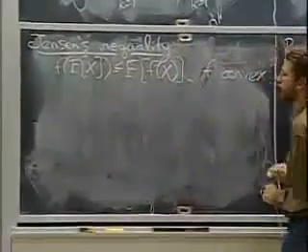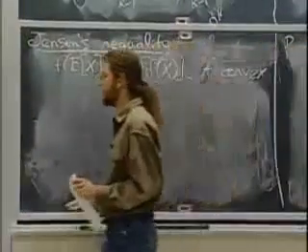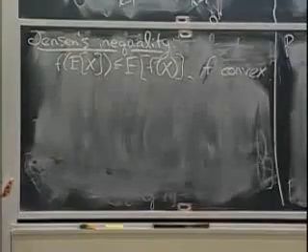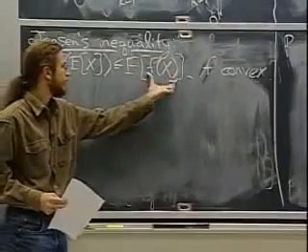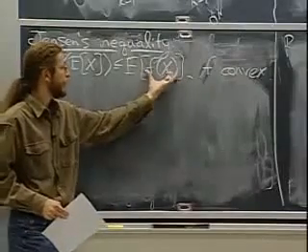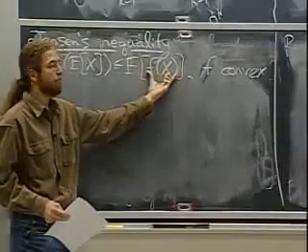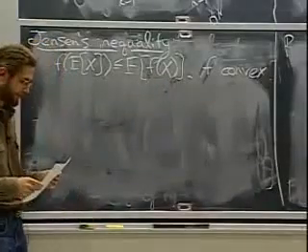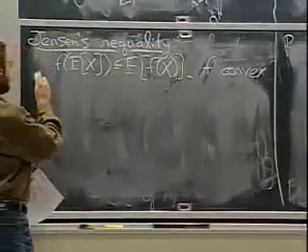If we have a convex function, f of the expectation is at most the expectation of f of that random variable. This means f of x is a random variable, right? If you want to sample from it, you sample from x, then you apply f to it. That's the meaning of this notation f of x, because x is a random variable.